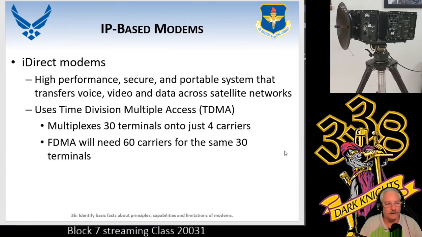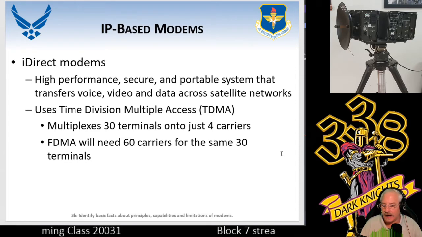Here's your iDirect modem. It gives you a brief overview of what it is. We do not have this for our test because it's really hard to decipher where that information is. Luckily, this is straight from the manufacturer. We just want you to know this portion of it.